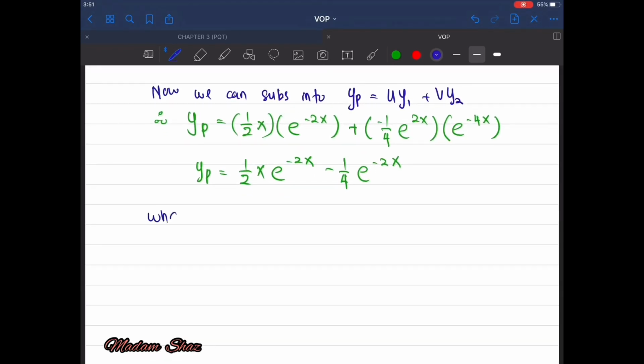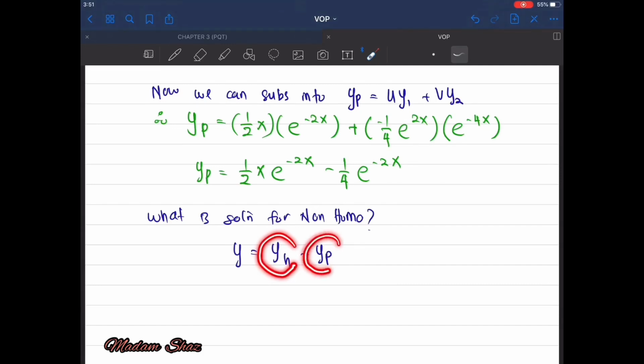So what is the solution for the non-homogeneous? The solution is y equal to yh plus yp, so you have to combine back your yh with your yp.